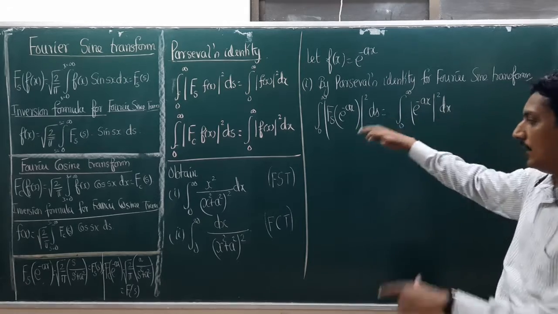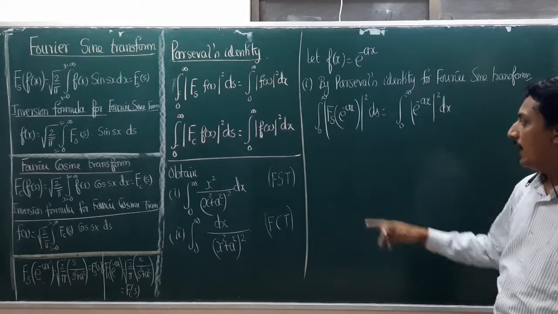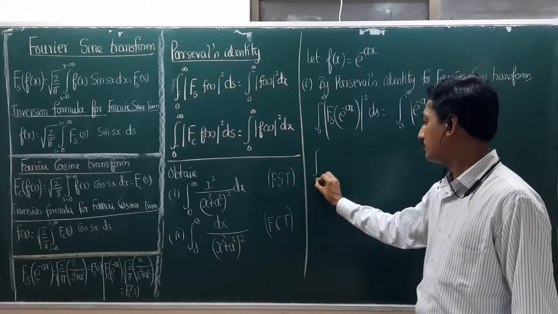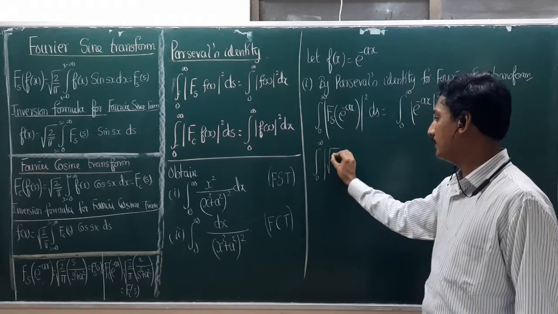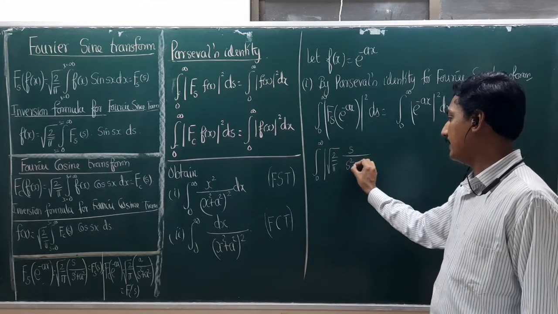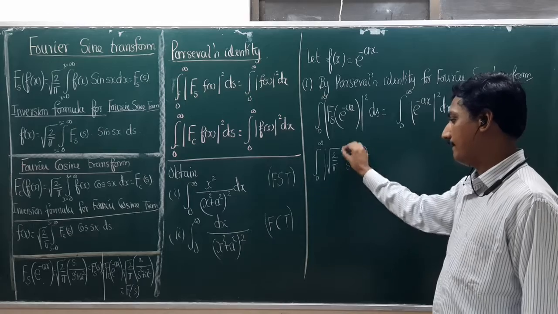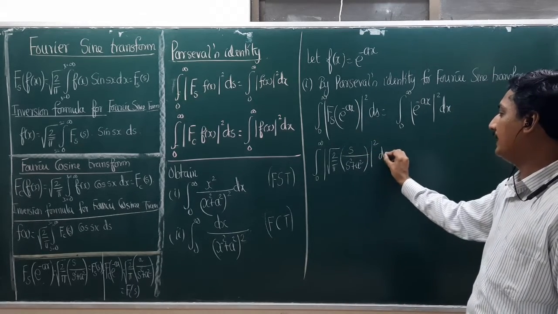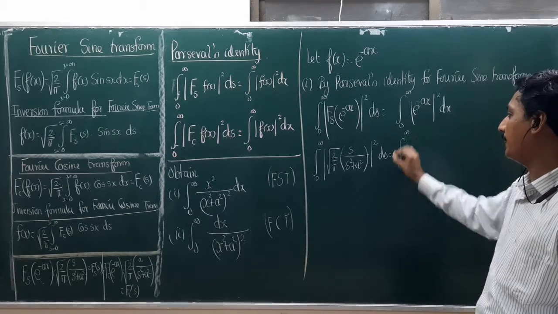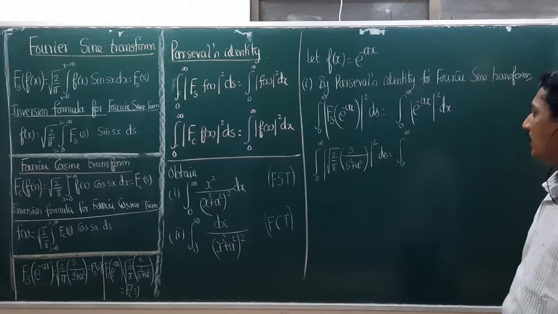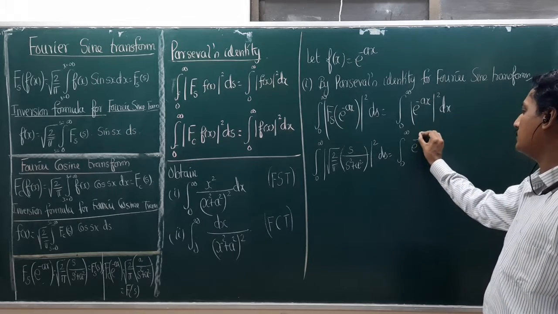We substitute e to the power minus ax as f of x. As we already know, the Fourier sine transform of e to the power minus ax equals the square root of 2 by pi times s by s squared plus a squared. Now, by the Parseval's identity, the integral of the whole square ds is equal to the integral 0 to infinity of e to the power minus 2ax dx, since the modulus squared is always an even function, and by the law of indices e to the power minus ax whole square is e to the power minus 2ax.